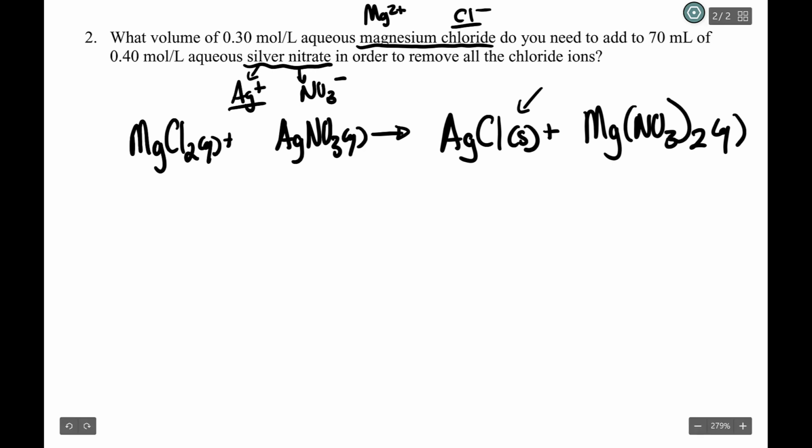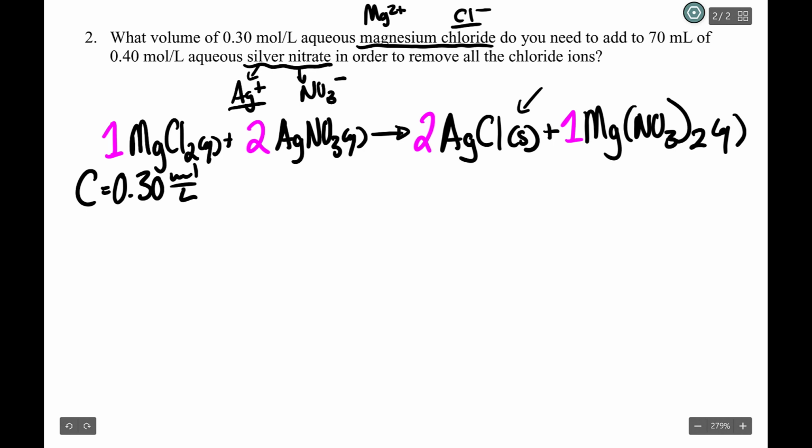Now we need to balance this first. I need 2 chlorides, now I need 2 silvers, and we have nitrates balanced, so this is what it would look like. The next thing we're going to do here is we're going to take all of our information from the statement and put it underneath the compounds that it applies to. So the magnesium chloride has a concentration of 0.30 moles per liter.